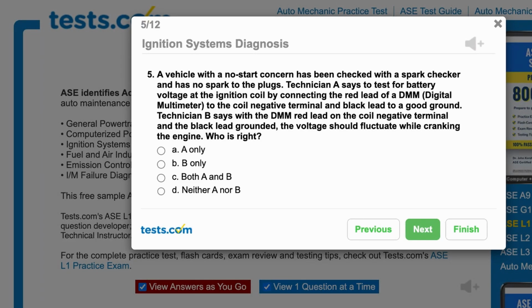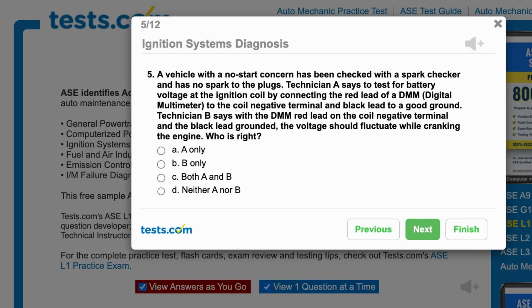Ignition system diagnosis. Question 5. A vehicle with a no-start concern has been checked with a spark checker and has no spark to the plugs. Technician A says to test for battery voltage at the ignition coil by connecting the red lead of a DMM (digital multimeter) to the coil negative terminal and black lead to a good ground.